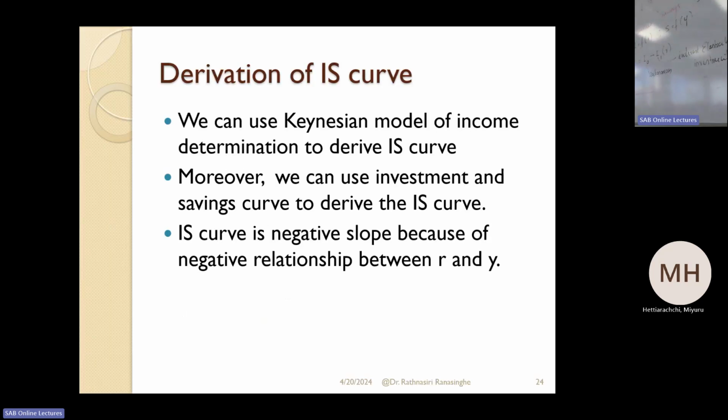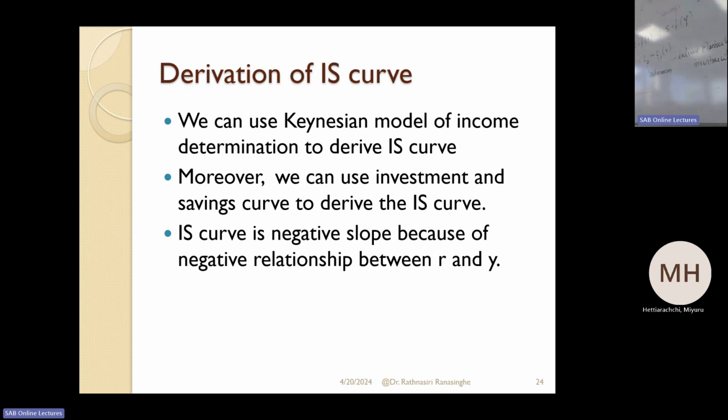How do we derive the IS curve? Earlier we derived the LM curve. Can you remember? We derived the LM curve based on money market equilibrium, since the LM curve represents money demand and money supply and the equilibrium in the monetary sector. In the same way, the IS curve represents the equilibrium in the real sector, the goods market.